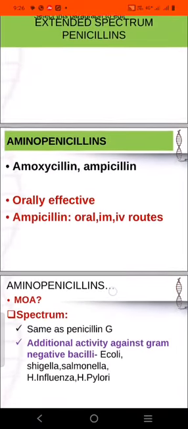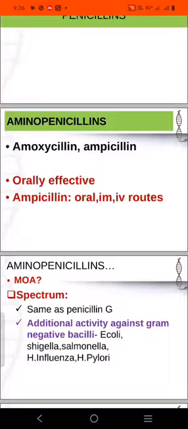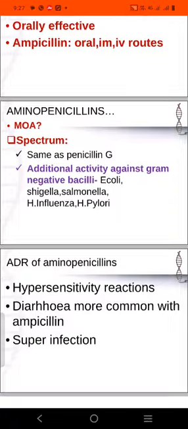Besides this, it is also effective for some gram-negative bacteria such as E. coli, Shigella, Salmonella, H. influenzae, H. pylori, etc. Okay.